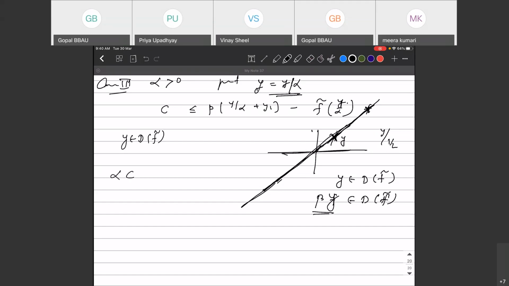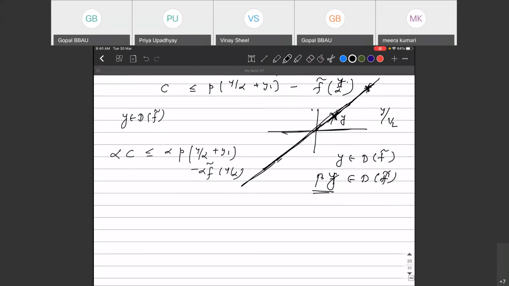So what you will get, alpha c is less than or equal to alpha p y by alpha plus y1 minus f tilde y by alpha. So this is p alpha y by alpha plus alpha y1 minus f tilde y by alpha.